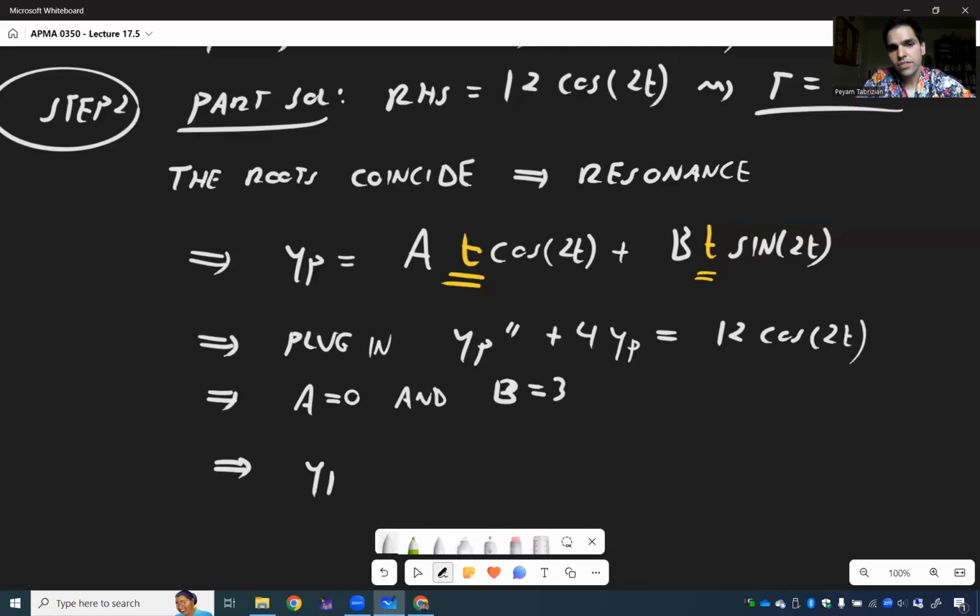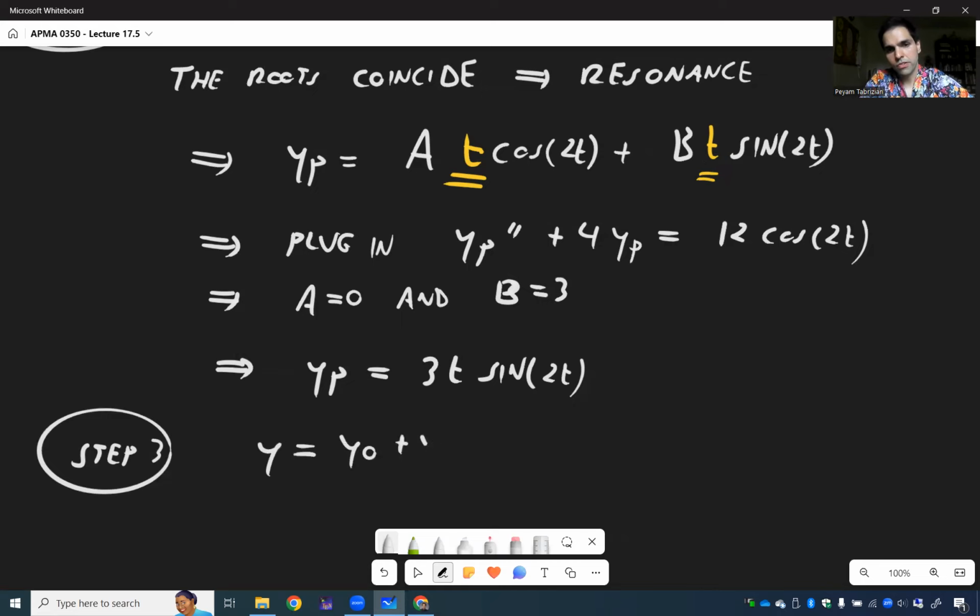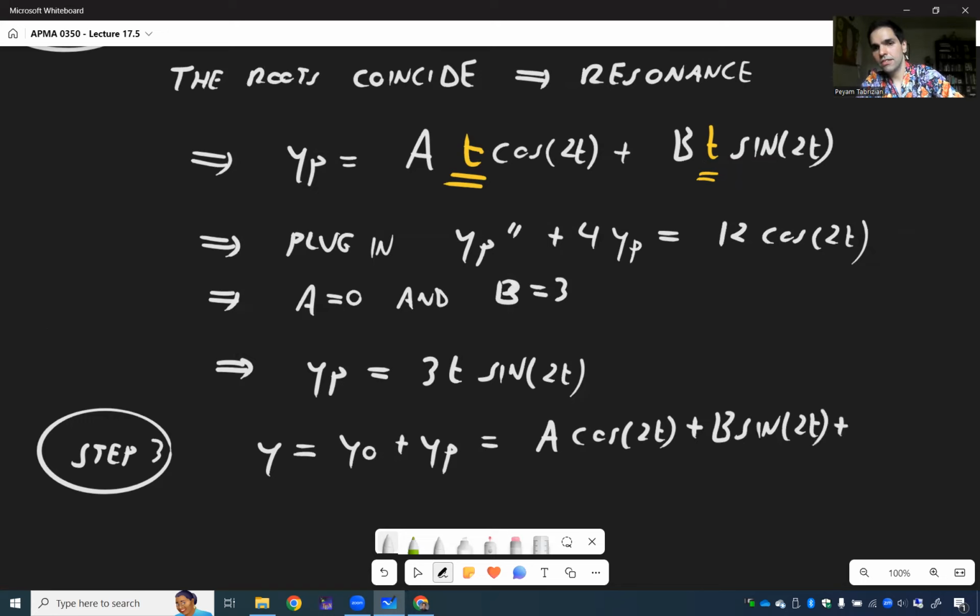So the transient solution here is 3t sine of 2t. And then the general solution, y equals y0 plus yp, would be a cosine of 2t plus b sine of 2t plus 3t sine of 2t.